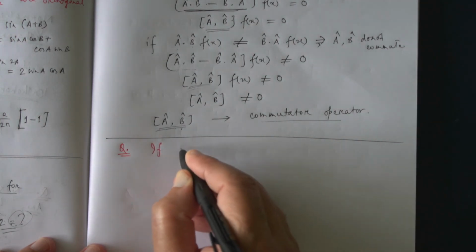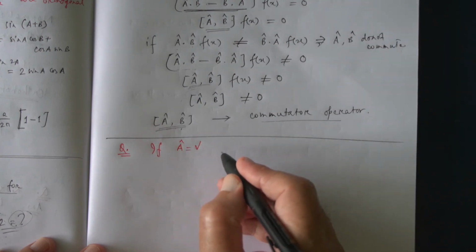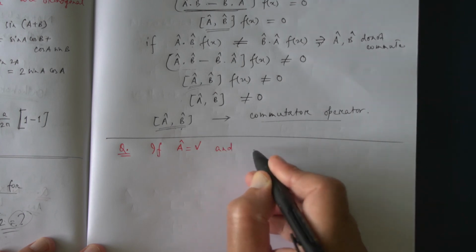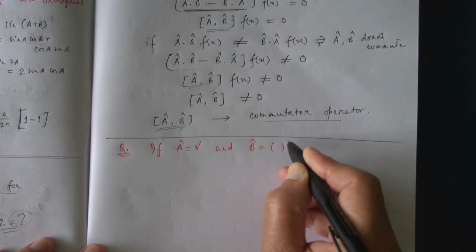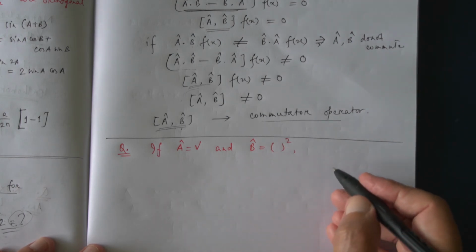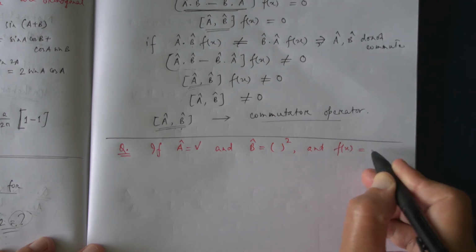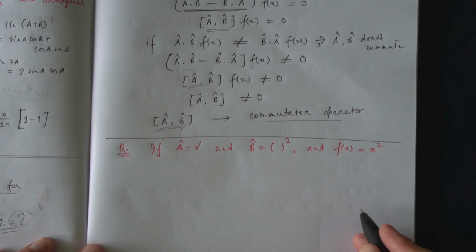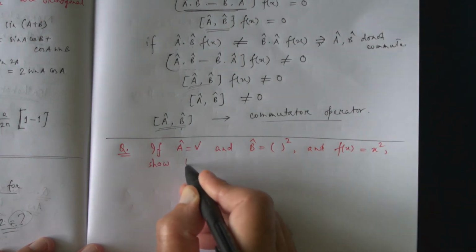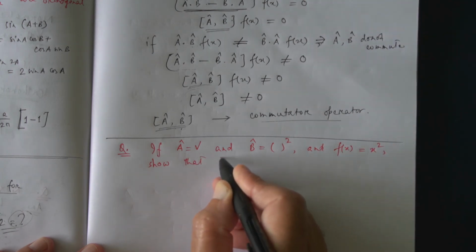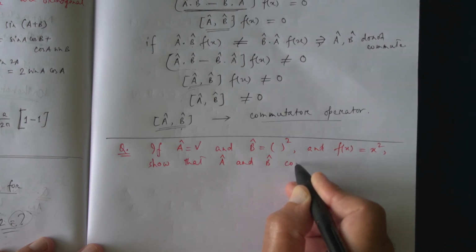If A is equal to square root and B is equal to square, taking square, and f(x) equal to x square, so that A and B commute.